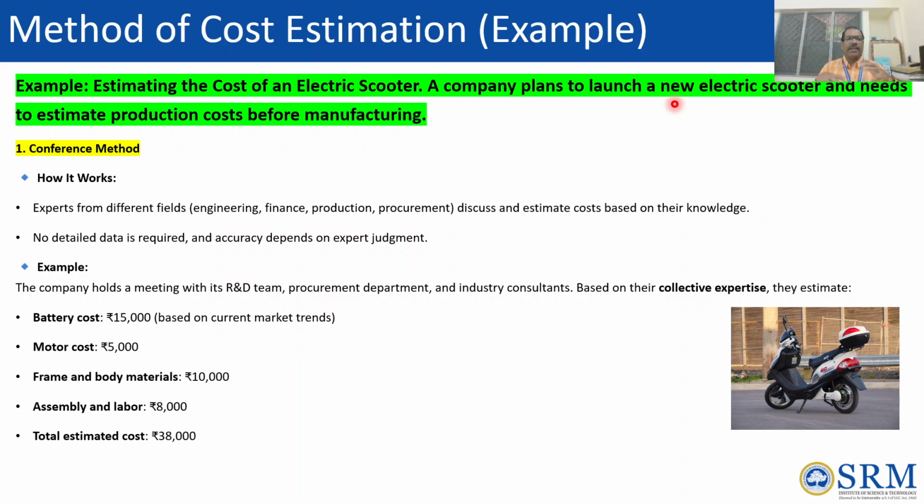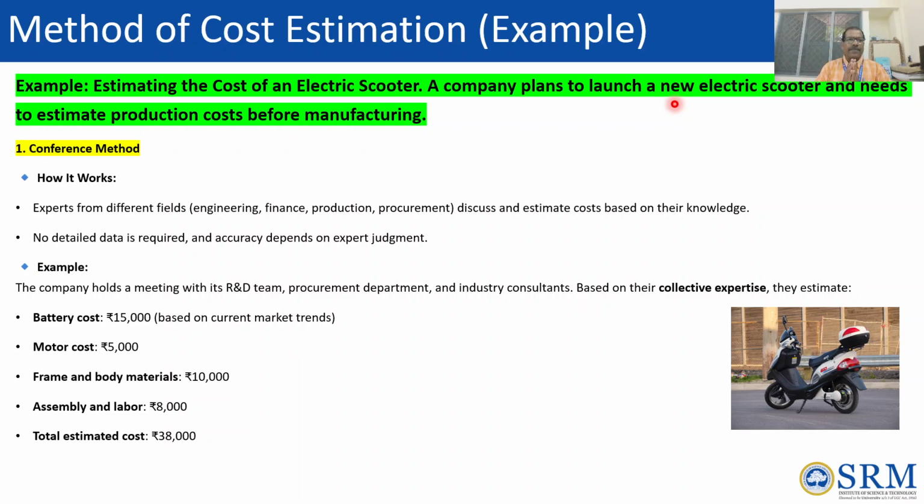They say the motor costs around 5,000, frame and body materials around 10,000, and assembly and labor around 8,000 for one EV scooter. Totally, they estimate around 38,000 to make this EV scooter.